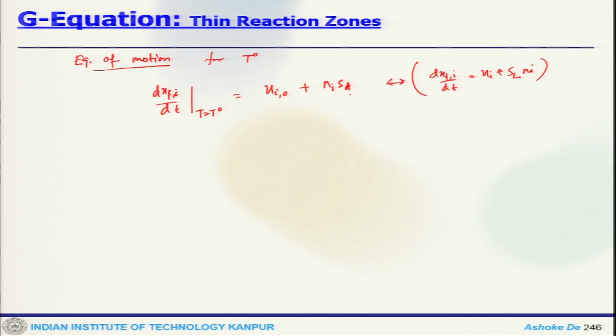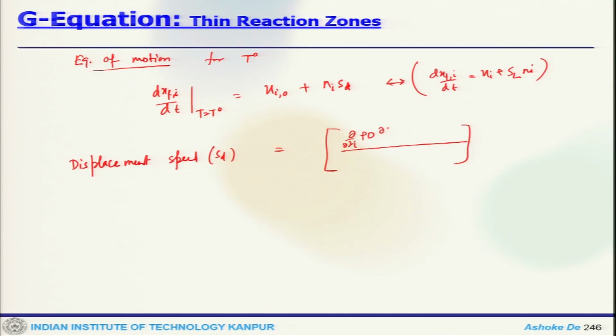Here we bring in the displacement speed. Now this displacement speed is defined as one over del T, d/dxi of rho D dT/dxi plus Wt over rho, at T equals T naught.